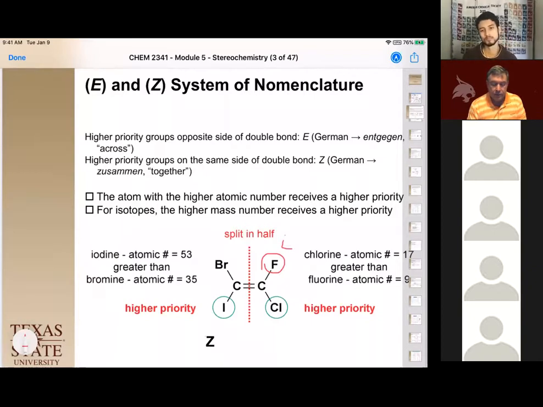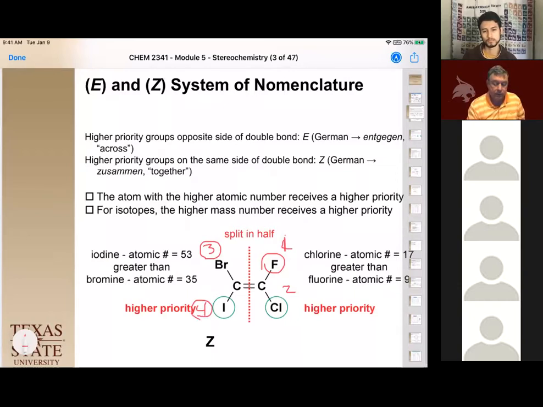So we'll call our lowest number 1, and then this is 2, and then this is 3, and this is 4. That's the approximate order in which the numbers go up on the periodic table. So that being said, we have bromine here, and bromine is lighter than iodine.